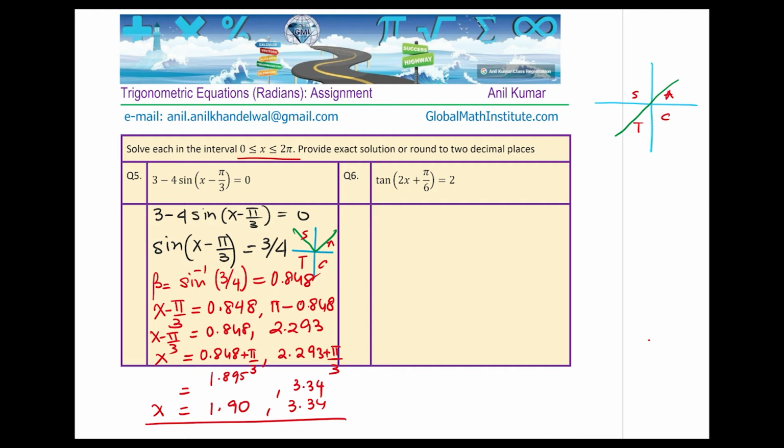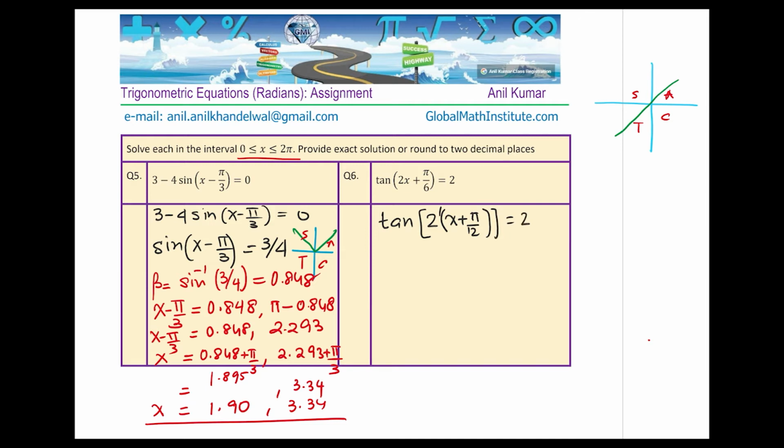Now here one thing to be noted is that the equation should be written properly. So we have tan of, it is a good idea to factor out 2. That becomes the horizontal compression by a factor of half, and that gives you x plus pi by 12. Do you get that? Equals 2.